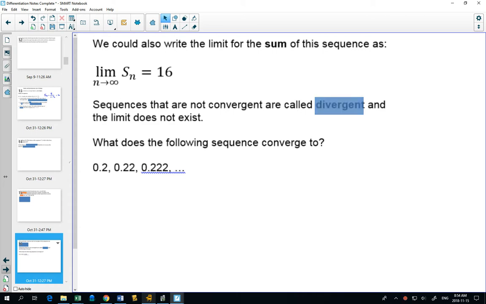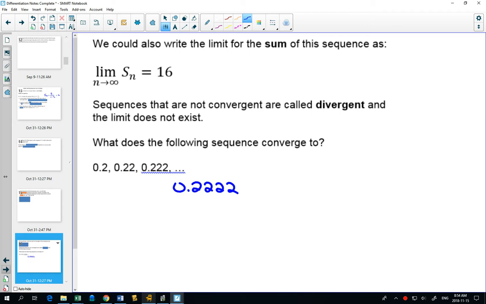Sequences that do not converge are called divergent, and there we say the limit doesn't exist. Look at this pattern of numbers. What's the next number? 0.2222.